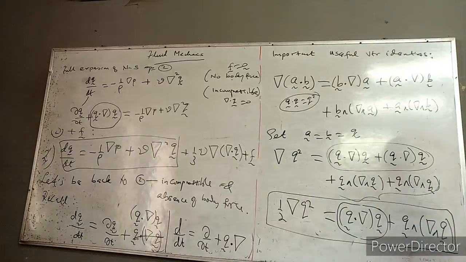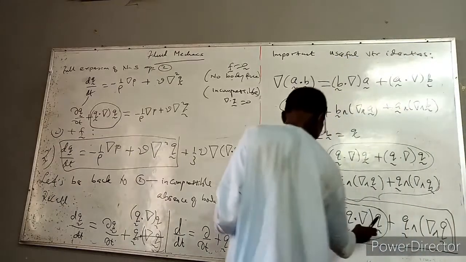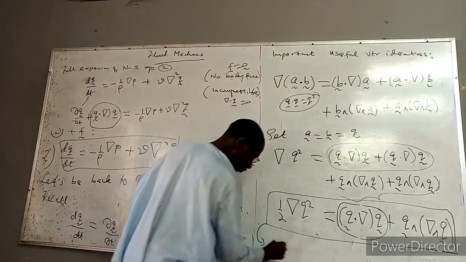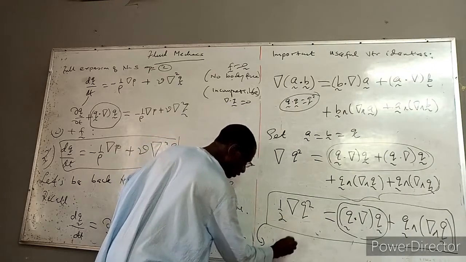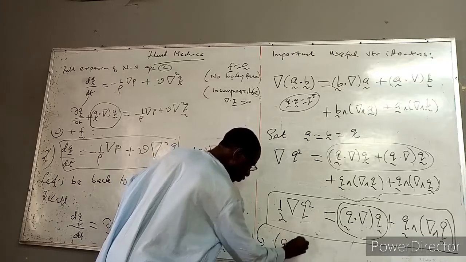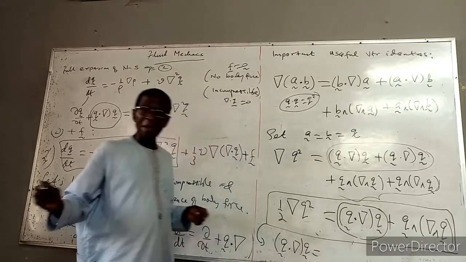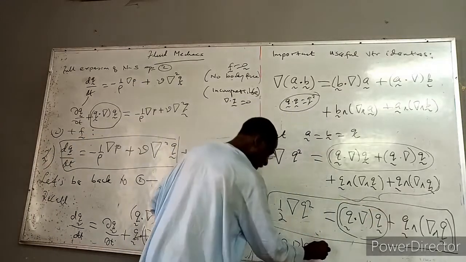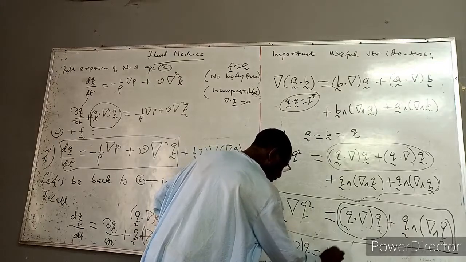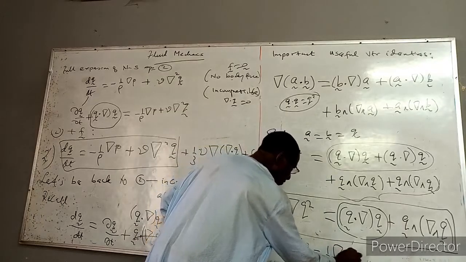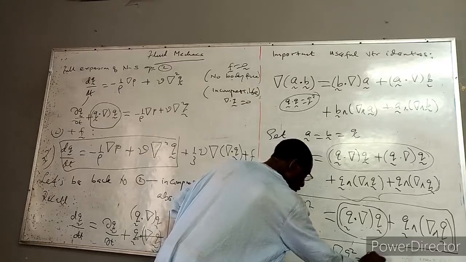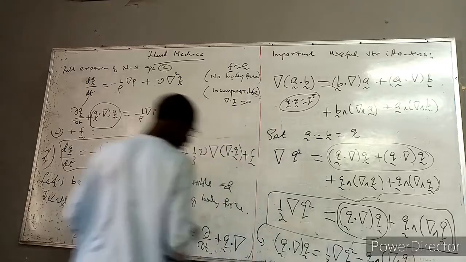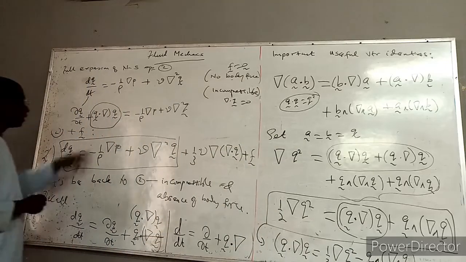So in that wise, if you make this one the subject, that means q dot del q, are you with me? So I will transfer this to this side. That means I have half of del q squared minus q cross curl q. That is what we want to use here to replace this.